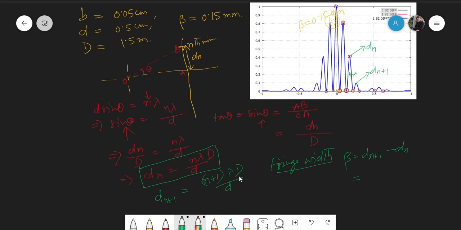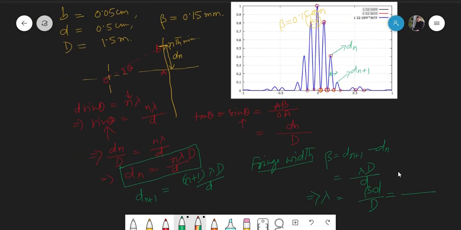So the fringe width is lambda capital D by small d. So from here lambda is equal to beta small d by capital D. Given beta is equal to 0.15 millimeter, small d is 0.5 centimeter, capital D is 1.5 meter, which would give lambda equal to 5000 angstrom. So this is our result.